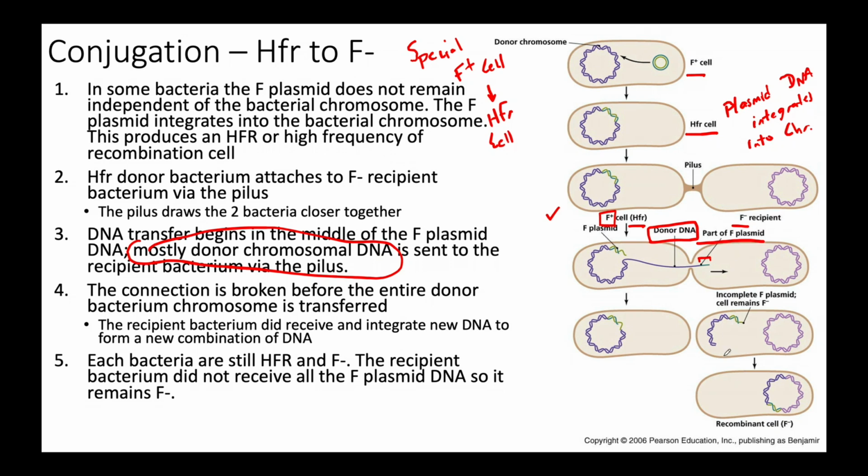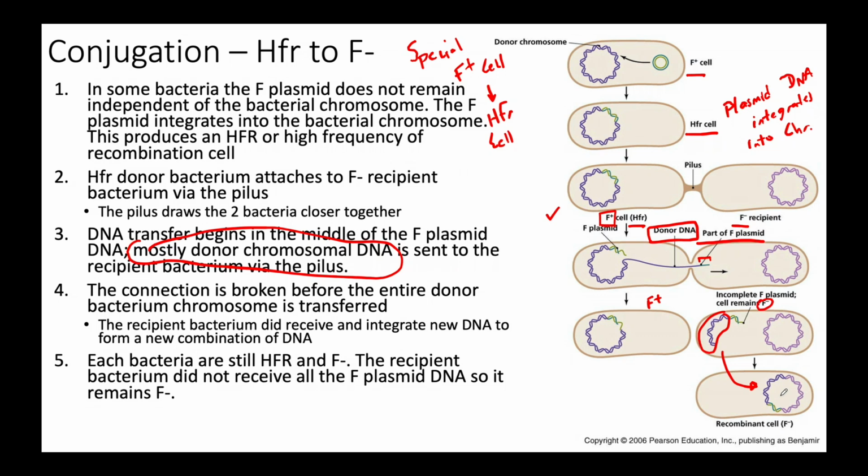What that means is this cell, the recipient cell, does not get the full plasmid, just a part of it, and so it remains F minus. This one stays F plus, but this recipient cell has now a fairly large piece of donor DNA that could get incorporated or recombined into its chromosome, making a new combination of genes that didn't exist before.